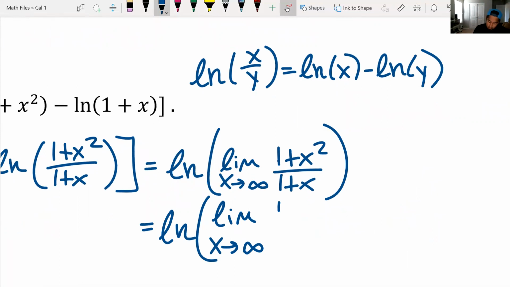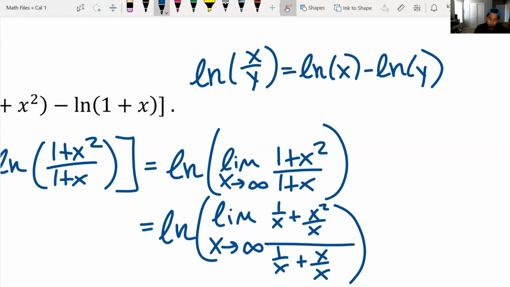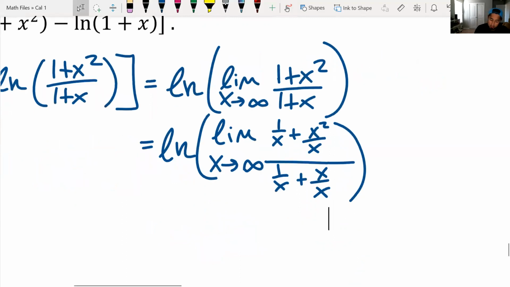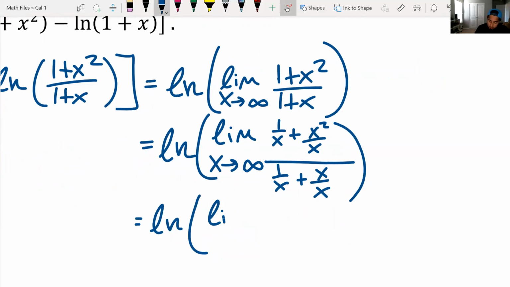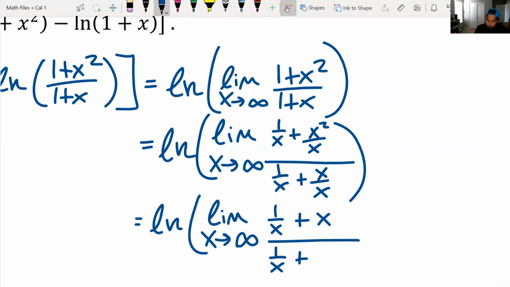So you'll have 1 over x plus x squared over x, over 1 over x plus x over x. Simplify some more, and we'll have the natural log of the limit as x approaches infinity of 1 over x plus x, over 1 over x plus 1.